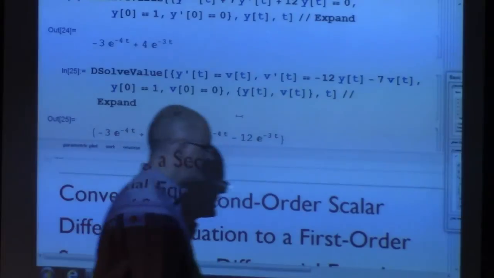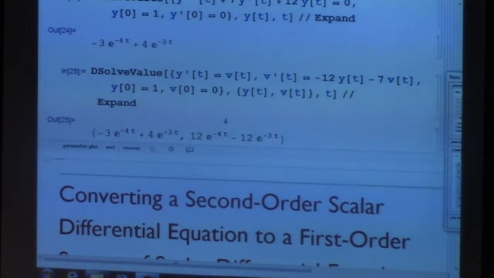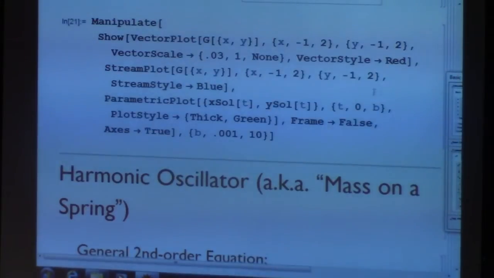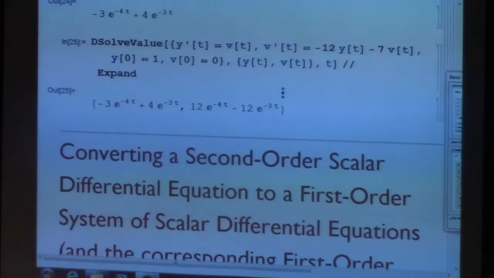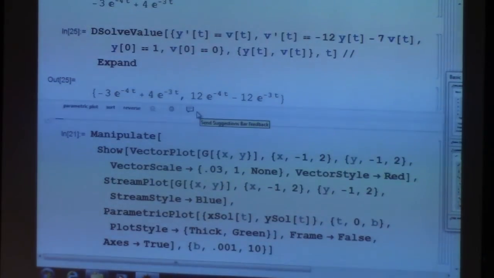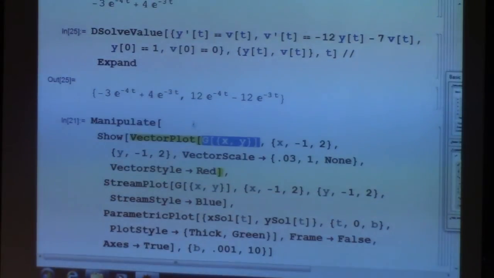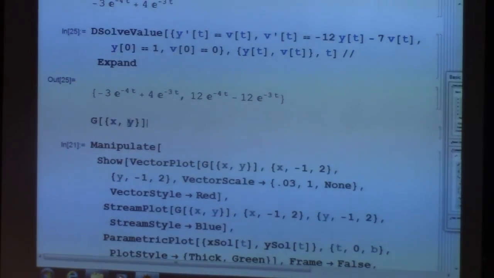You can sketch the graph of this as a parametric curve in a phase plane. What's the vector field? I should probably call the vector field, well, I'll call it G again still, but I should call its inputs y and v instead of x and y.